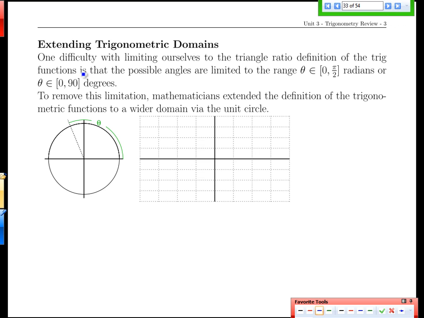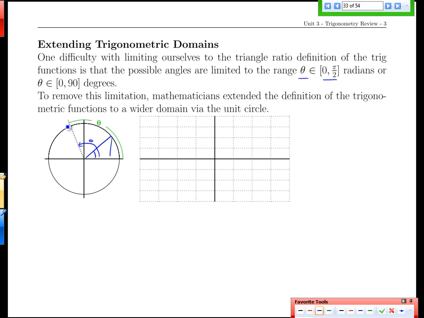Now, understanding the trig functions in terms of triangles is one thing, but those can be extended. It's helpful to do so because the angle that we can use in a triangle is really only 0 to 90 degrees, or 0 to pi over 2. And what we do is extend it by imagining drawing a circle and spinning around that circle and having the angle possibly extend out to these other points.